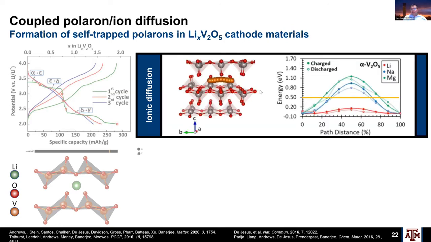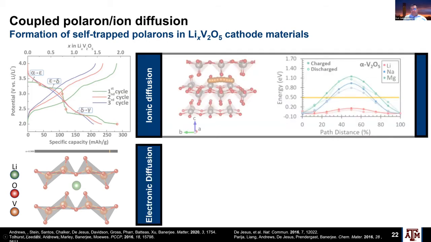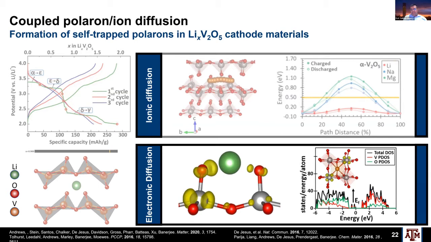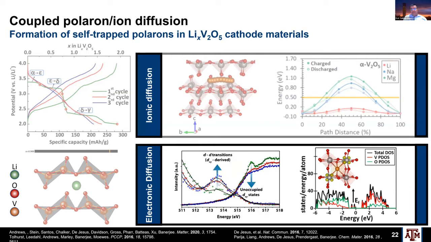So in other words, there's barriers to ionic diffusion, and then there's barriers to electron diffusion that has to do with coupling of the electron with the lattice, the polaron. And again, as proof of the polaron, you also see very nicely these dx5 states at the bottom of the conduction band edge go down, and these d to d transitions that are derived from localized electrons go up in the valence band.